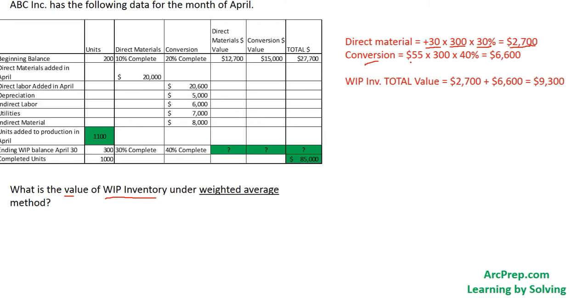Conversion cost, the full value of 100% complete is $55. There are 300 items that are 40% complete, and hence the value is 6,600. The total value in working process inventory is the sum of direct material and conversion cost, and hence it is 9,300. This is one way to calculate that.